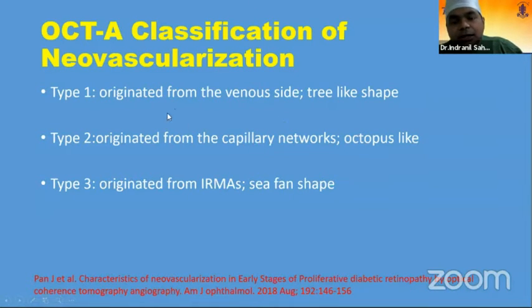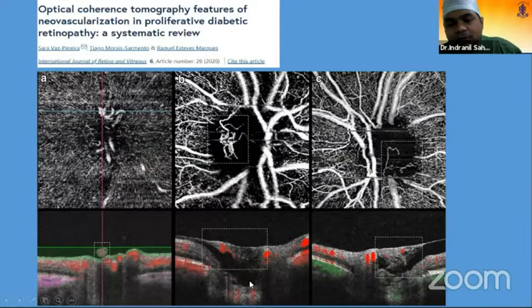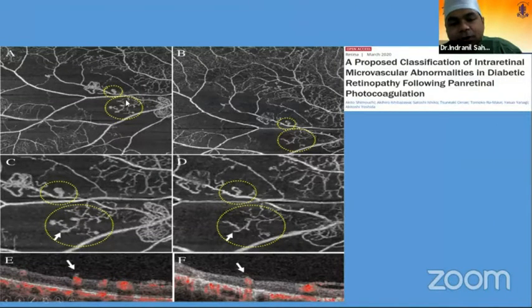This is another display of NVD. As you can see, this is the OCTA showing you the neovascularization, active NVD with blood flow areas. Then you can see the pruning, or reduction in the caliber of the NVD, and a reduction in the blood flow areas post-treatment. These are basically IRMAs showing you the tuft-like projections, a magnified view with a projection above the ILM with the blood flow area.